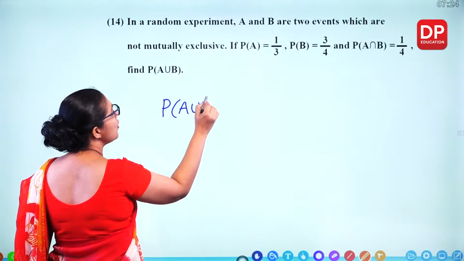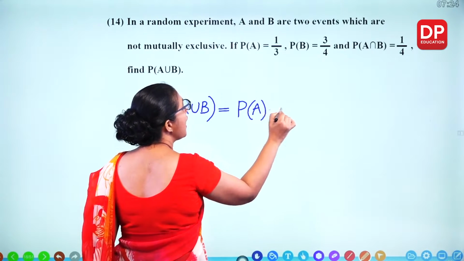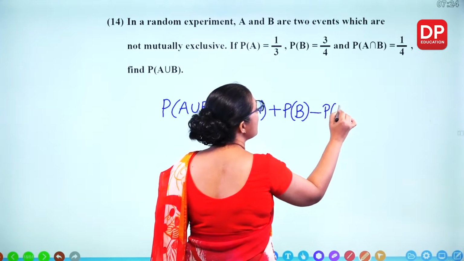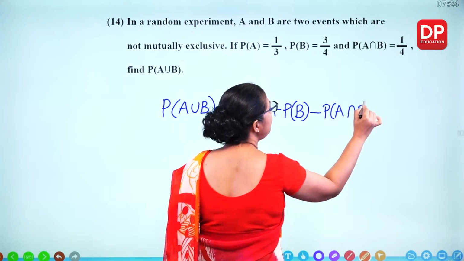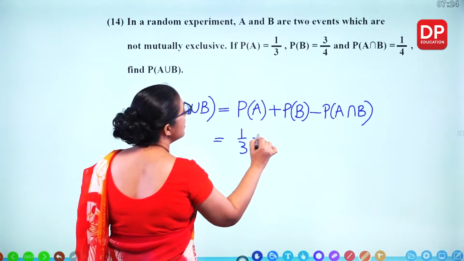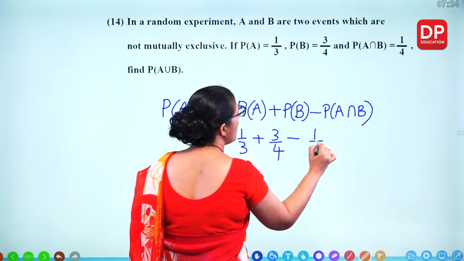So what's the formula you can use? Probability of A union B is probability of A plus probability of B minus probability of A intersection B. Probability of A is 1/3, B is 3/4, and intersection is 1/4.